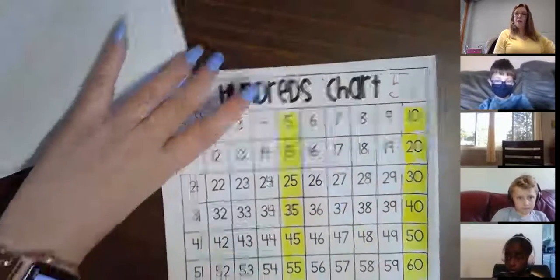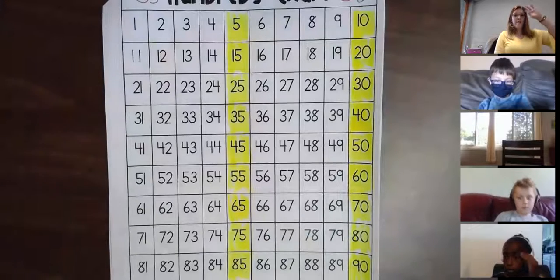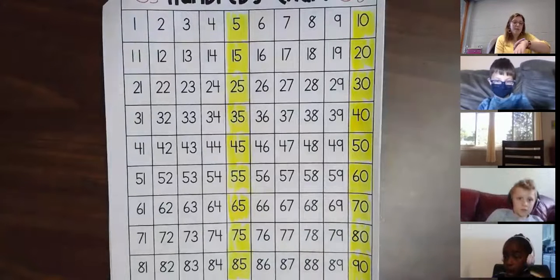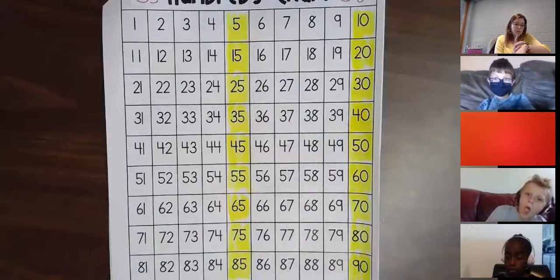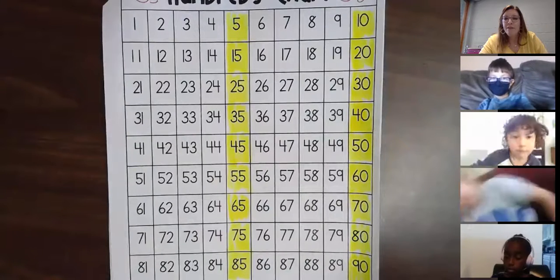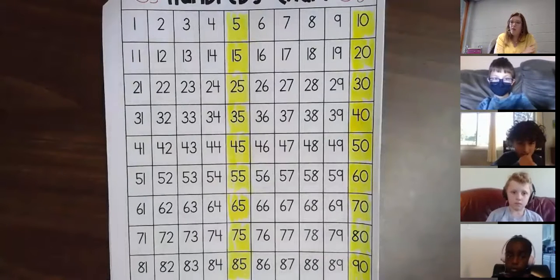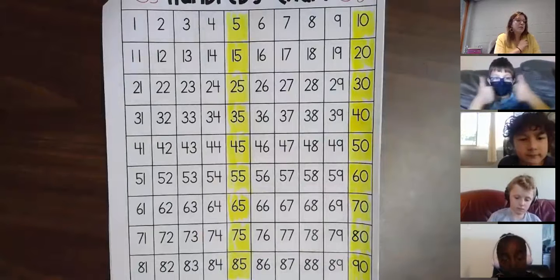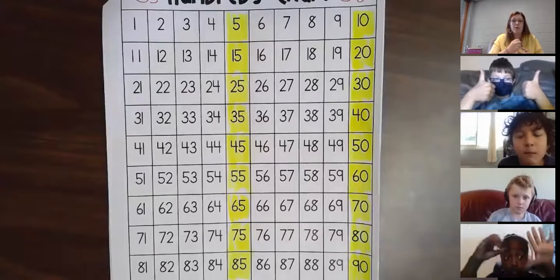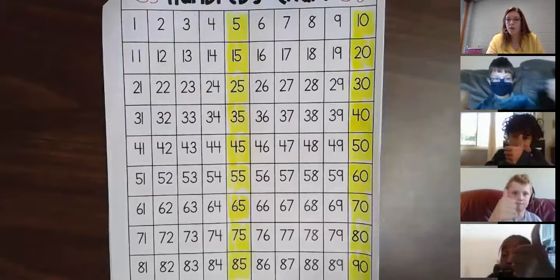All right, let's look at 3s. Actually, we're gonna look at 5s because your question only goes over 2s, 5s, and 10s. Okay, thumbs up, thumbs down? When I'm counting by 5s, all of my numbers end in 5 or 0. Is that true or false?